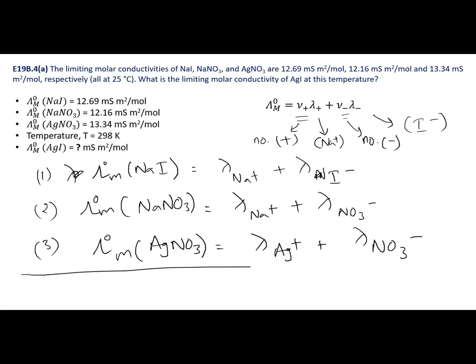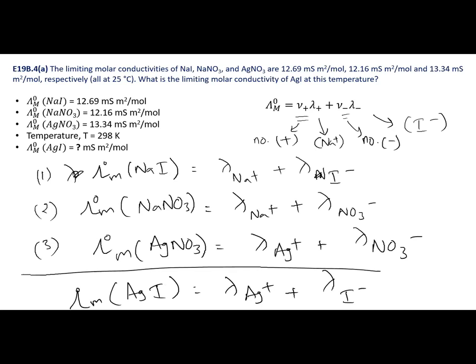At this point, it is similar to Hess's law, where we need to combine these equations mathematically so that we are left with one equation that gives the molar ionic conductivity of silver iodide. AgI is equal to lambda Ag plus lambda I minus.